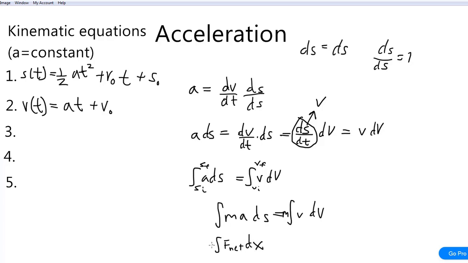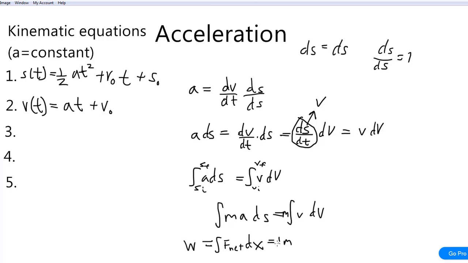So this should just pop out at you. This is really just the definition of work. And if you integrate this, then that's equal to m, and when you integrate, it's going to be v squared over 2.